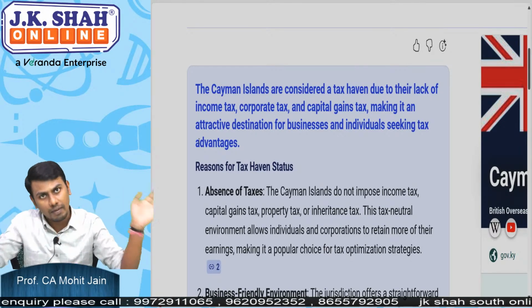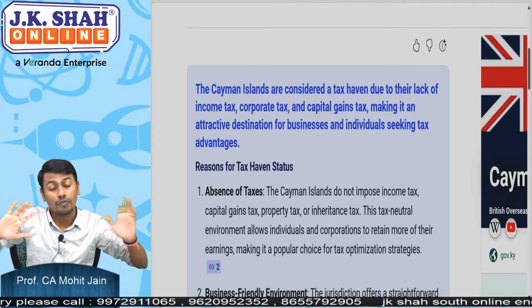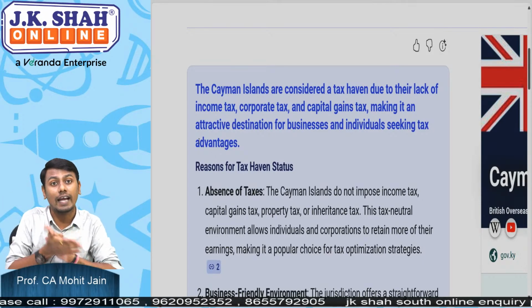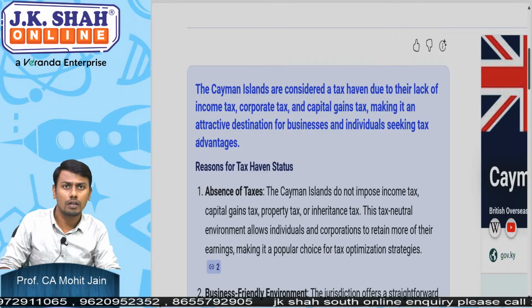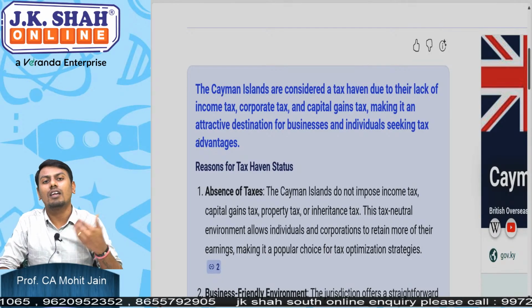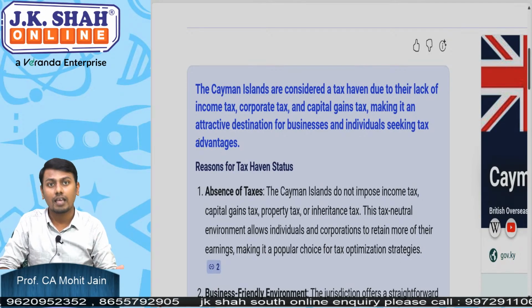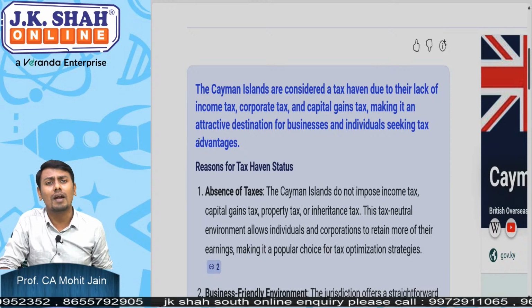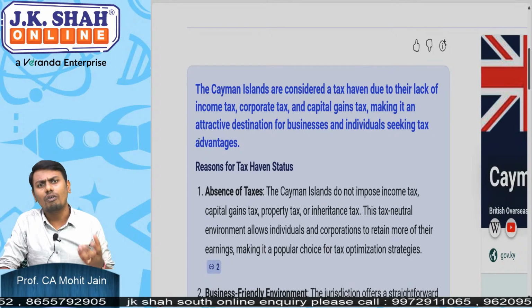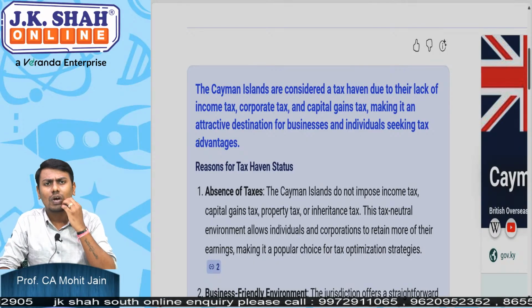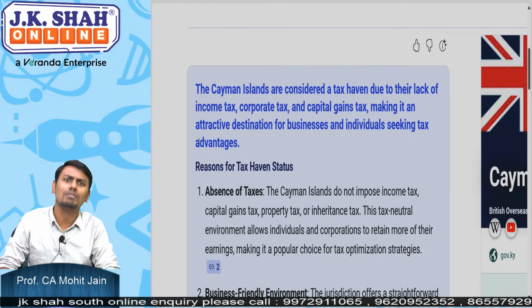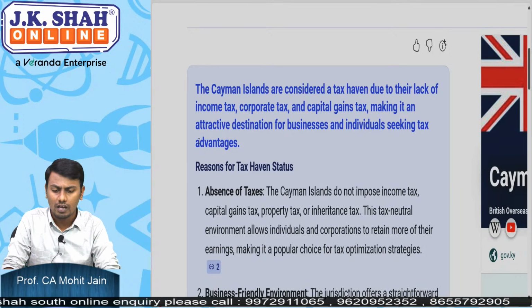Like this, there are multiple countries, I think 10 to 15, where there are no taxes. So how do those countries function? See, every country has multiple sources of income. Like in the Middle East, they are not dependent on taxes. They get a lot of income from oil. Like this, Cayman Island is also not only dependent on tax income, they have other sources of income also.